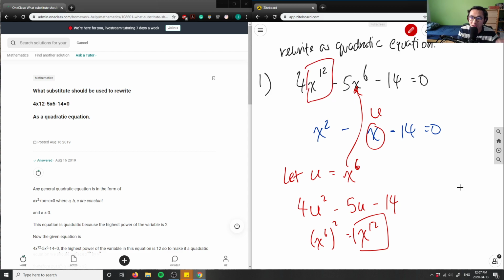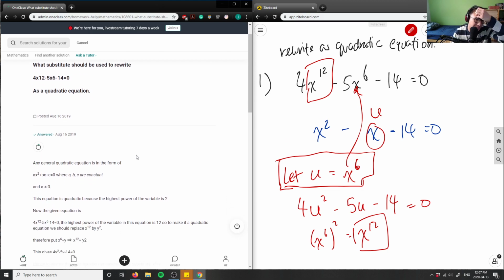I need to do this u substitution here. So I would get 4u squared minus 5u minus 14, and this equals 0. And this is my quadratic equation, right? You can see my highest degree here is squared. So this is my correct answer, 4u squared minus 5u minus 14, and I did this u substitution: let u equal x to the power of 6.